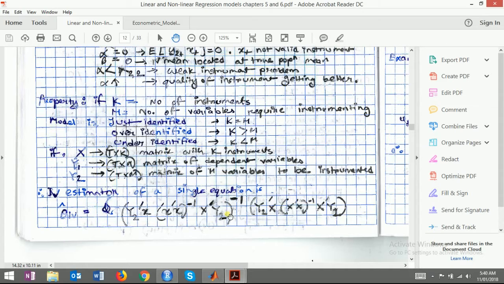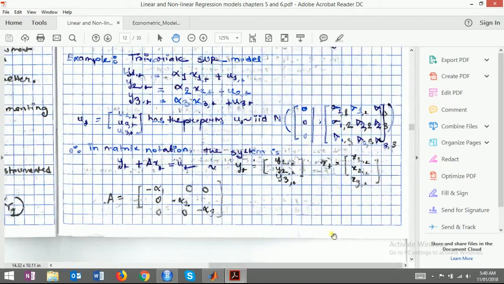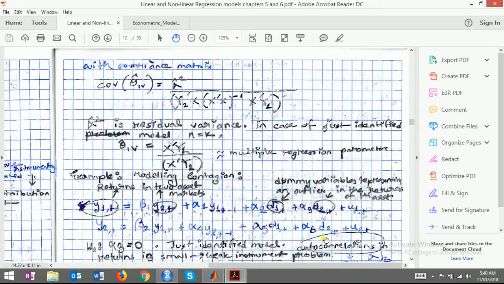And the covariance of the instrumental variable parameter is sigma hat square variance divided by y2 transpose x, x transpose x inverse, x transpose y2.